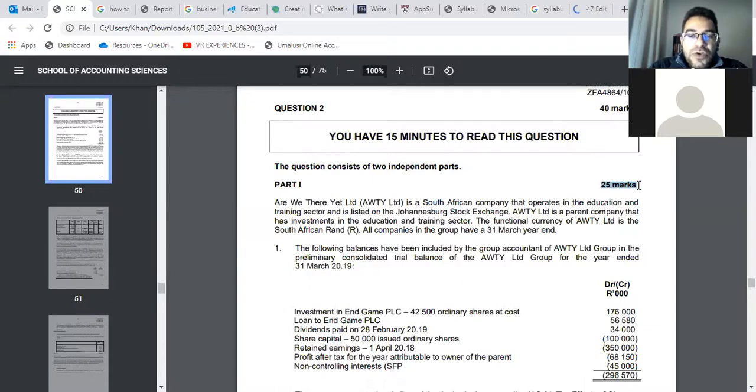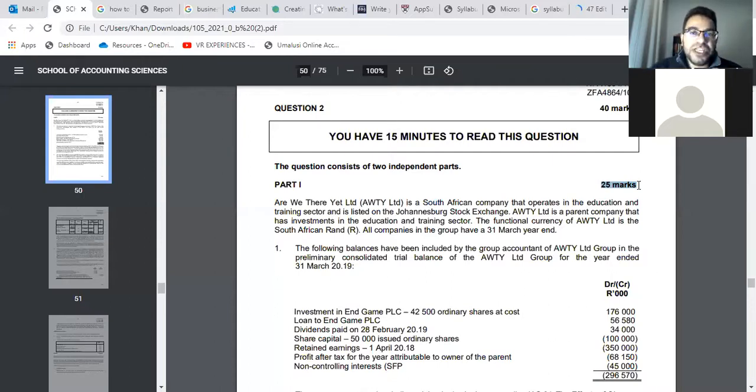All companies in the group have a 31 March year end. The following balances have been included by the group accountant of "Are you there yet?" in the preliminary consolidated trial balance for the year ended 31 March 2019.